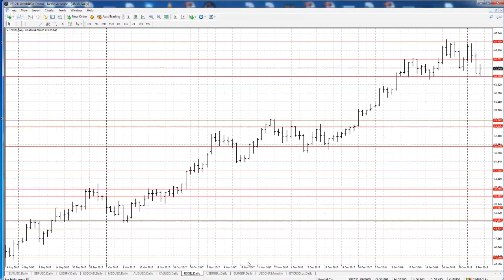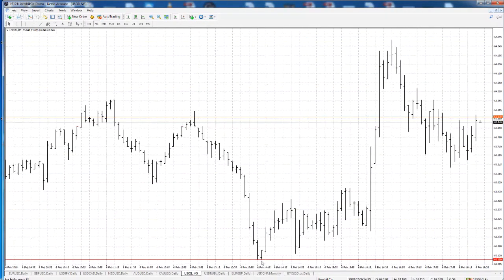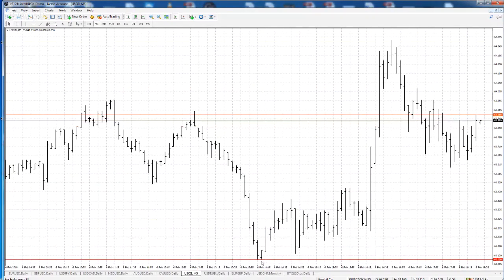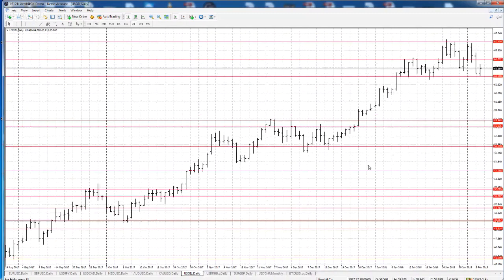On a 5-minute chart, you can see it touched the level which was drawn way before, penny for penny. And take a look, there was another level that we touched again, 63,880 and 63,180. If you go on the daily chart, you can see 64 and 63,180, penny for penny.